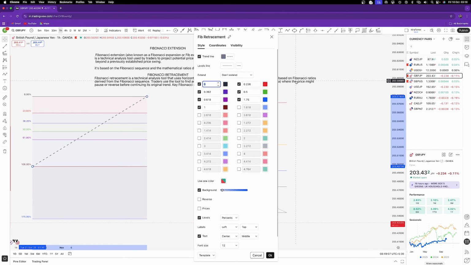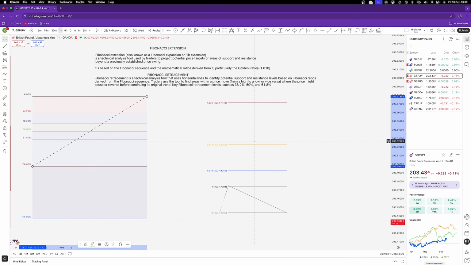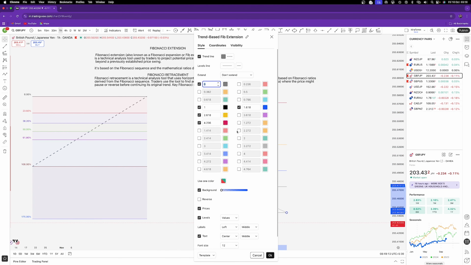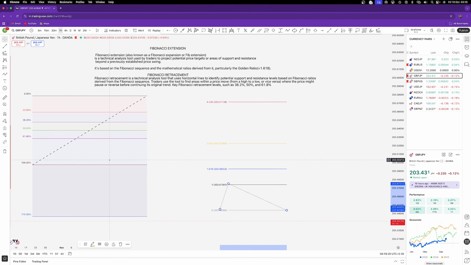Then you set the figures. You untick the ones you want to untick and leave the ones you want. The same applies to the Fibonacci extension. Just take a screenshot of how mine looks, and you can set yours like that. So this is how the Fibonacci retracement tool looks, and this is how the Fibonacci extension tool looks.